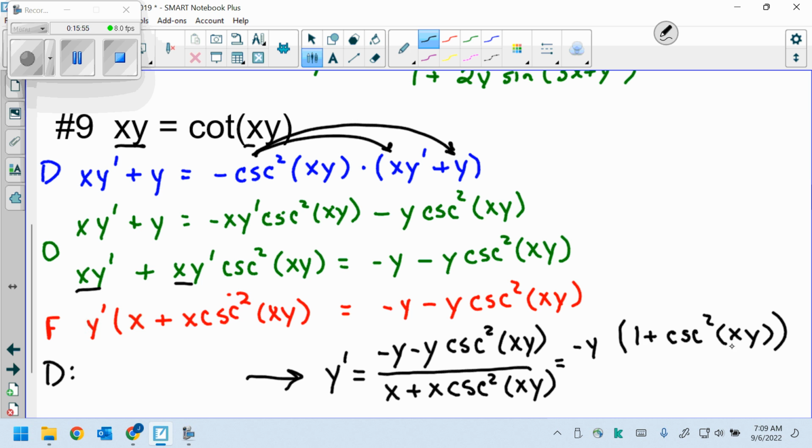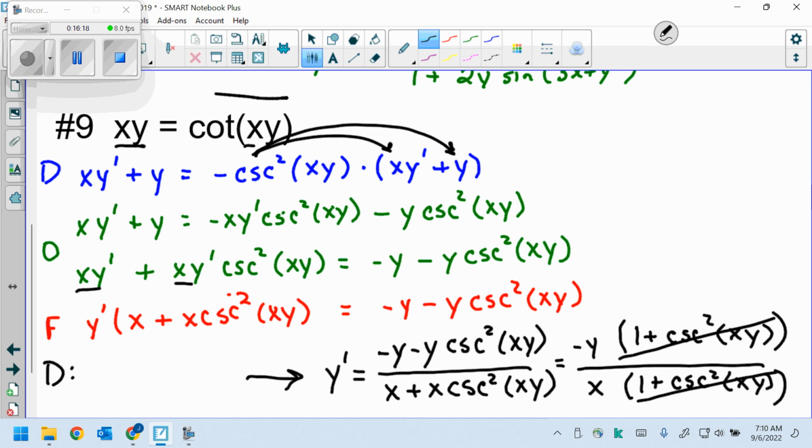And on the bottom, I could factor out an x, 1 plus cosecant squared xy, which factors out to be 1. And so the derivative of this function right here is merely the opposite of y divided by x. So that's pretty incredible. Very cool.